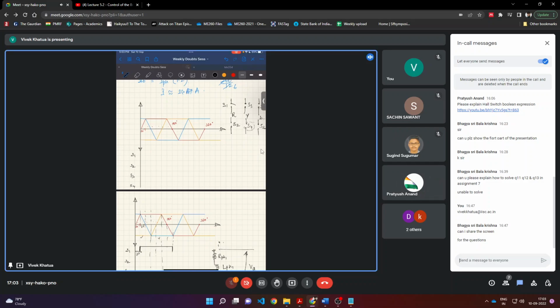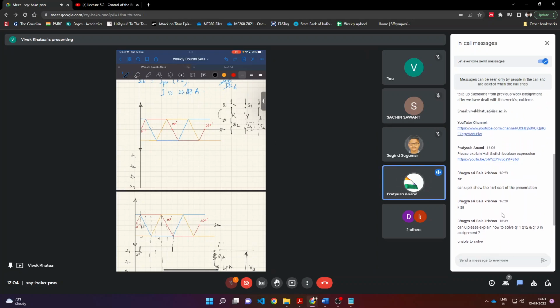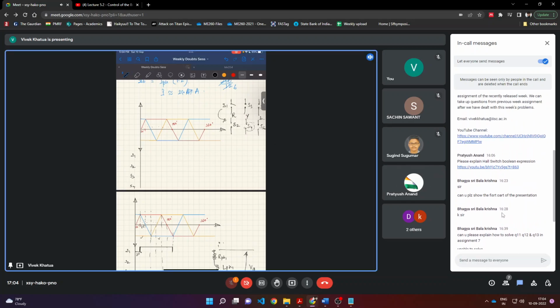I'll have to refer to that, because here also we are switching the phases. Maybe he would have told it in a different context. You can send me a link; I've sent you my mail ID. Send me that exact point where he has mentioned it, and I'll go through it and let you know.